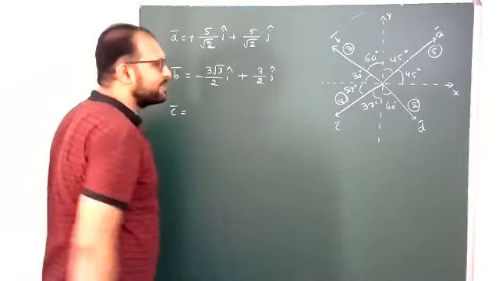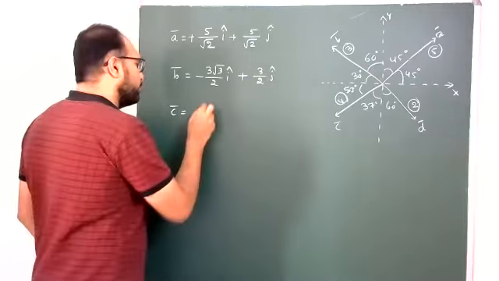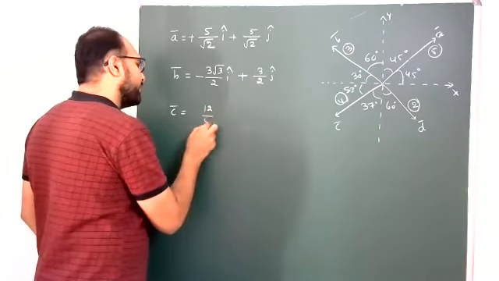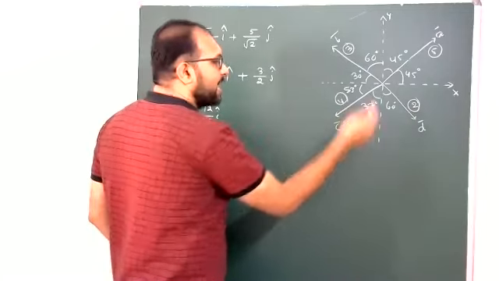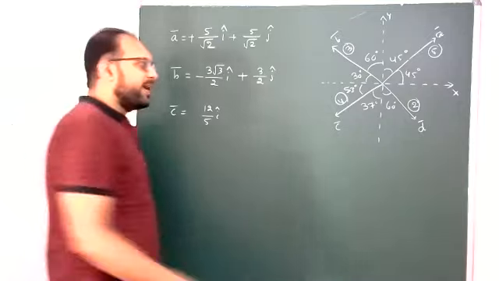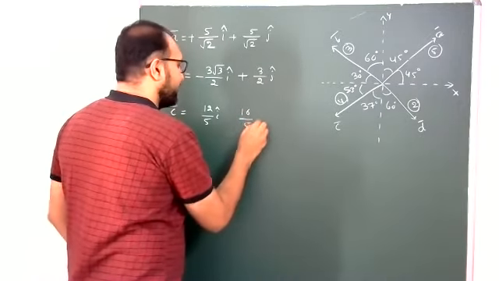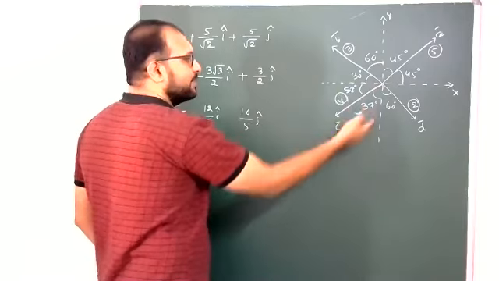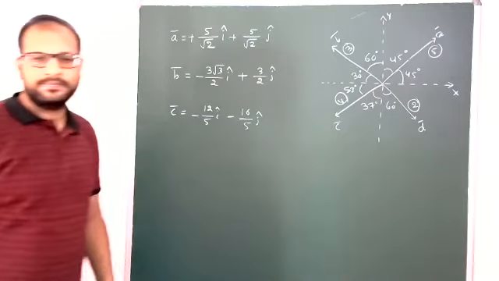Here 4 is there. 4 into 3 by 5 is 12 by 5. And next, cos 37, 4 by 5. 4 by 5 into 4, so 16 by 5 j cap. But students, third quadrant, negative x, negative y: minus, minus.